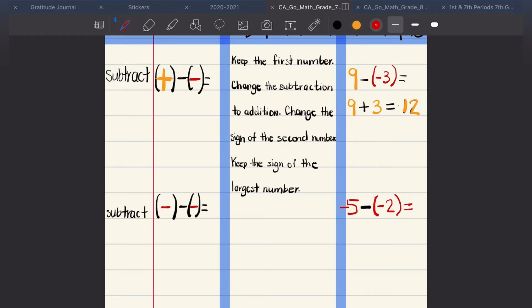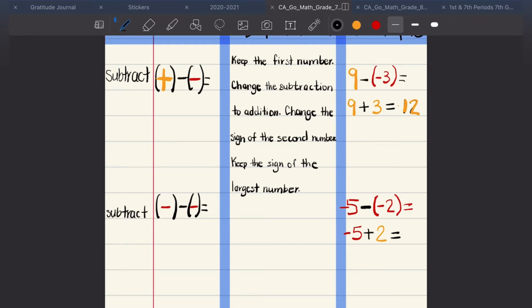So keep the first number. We change the subtraction to addition. We change the second number, and then we subtract 5 minus 2.